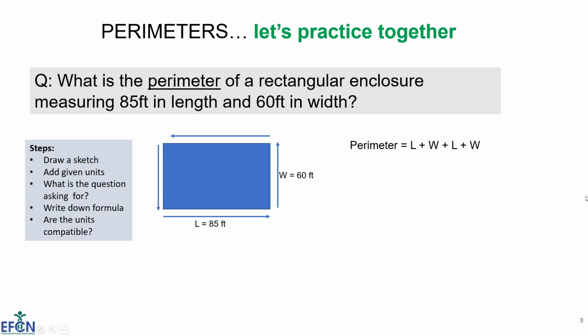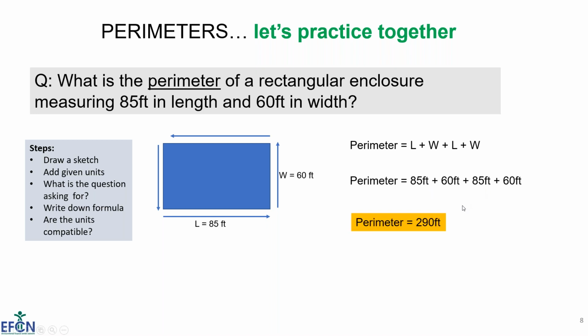So I know that the perimeter is the distance around this particular enclosure. And when I put my units down, my formula, I know, is perimeter is equal to the length added to the width, added to the length, and added to the width again. So once I write down my formula, I will plug in the values that I have been given, which is 85 feet plus 60 feet plus 85 feet plus 60 feet.